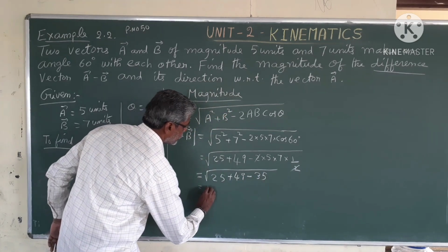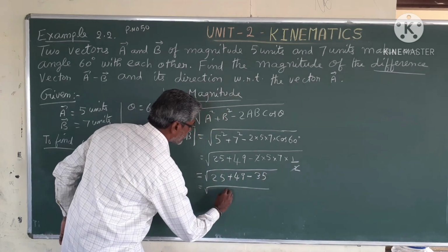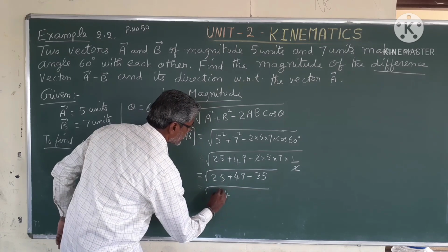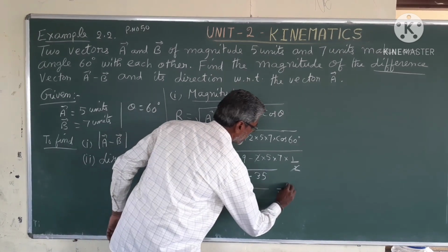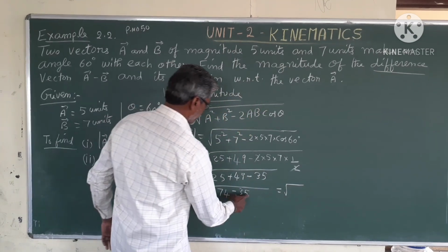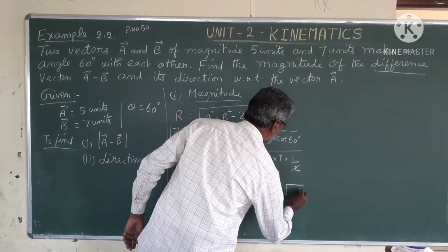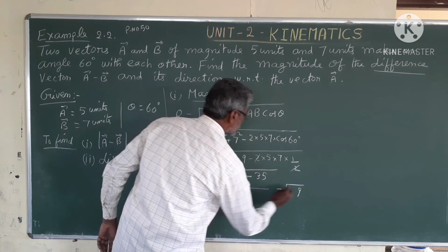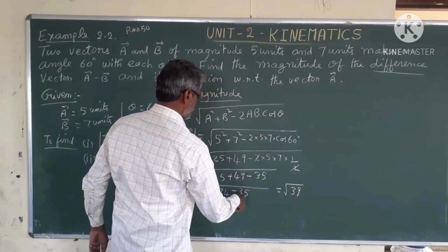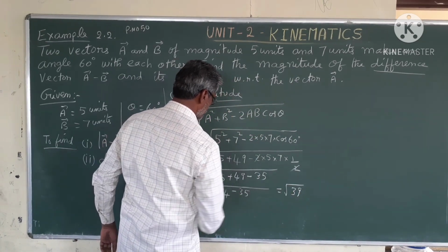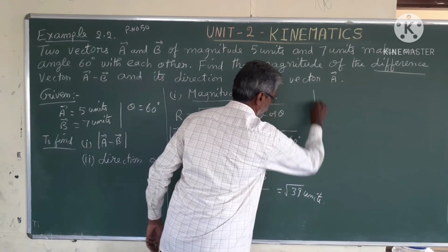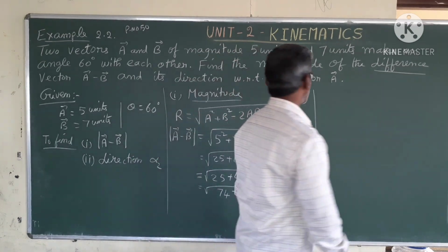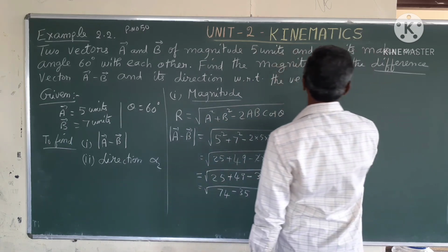That is equal to 74 minus 35. That is equal to square root of 39 units. Clear?